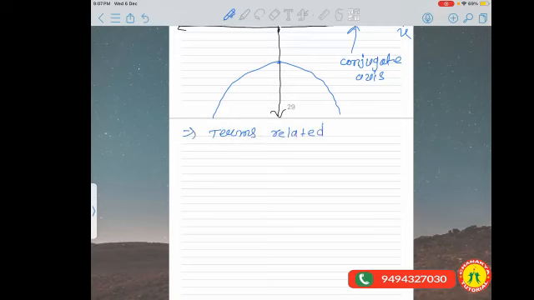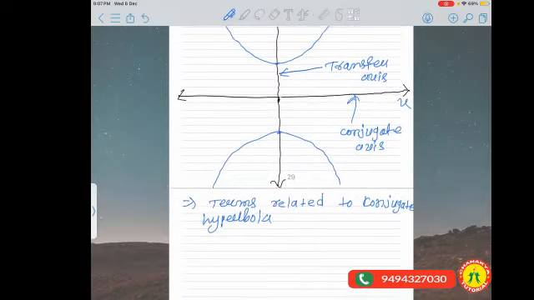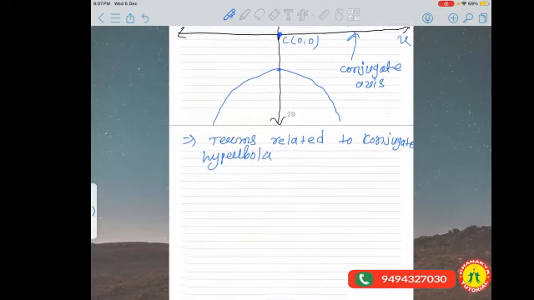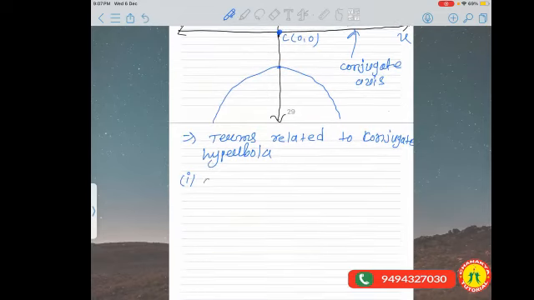Terms related to the conjugate hyperbola. Everything is similar. First, the center is 0 comma 0.